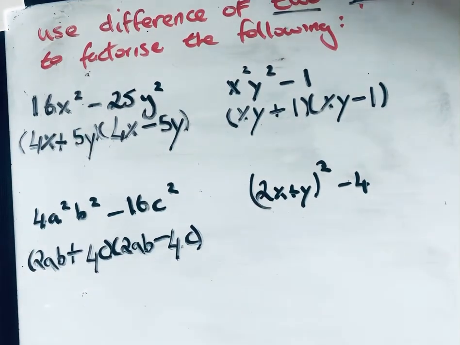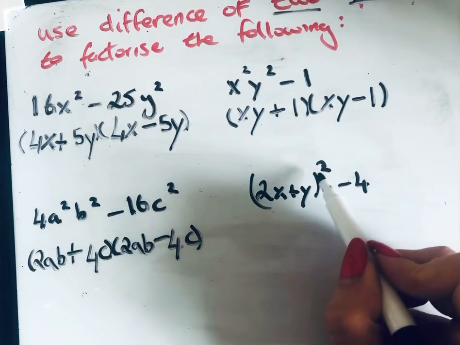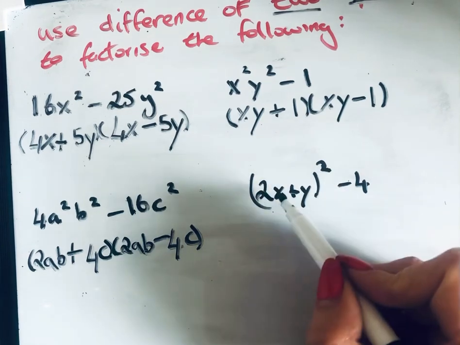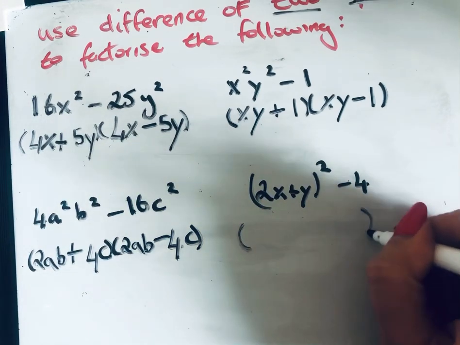And finally, on to the last one, probably the most difficult out of them all. But don't get fooled, because we can see here that this is still a square number, because when we see a square on a bracket, it's itself multiplied by itself. So we open up two brackets, and I'll make them quite big this time.